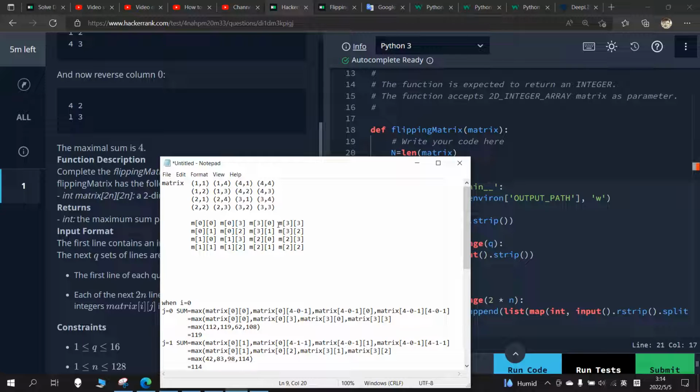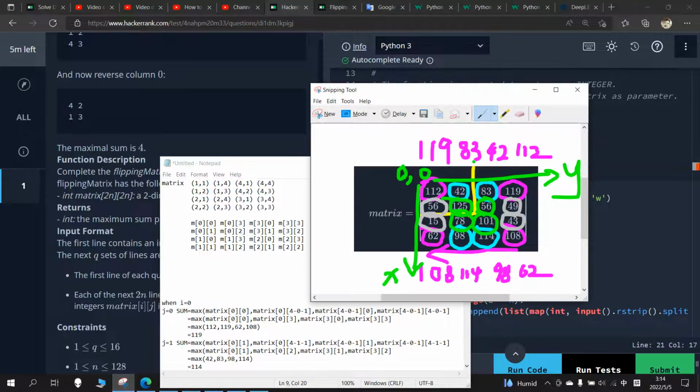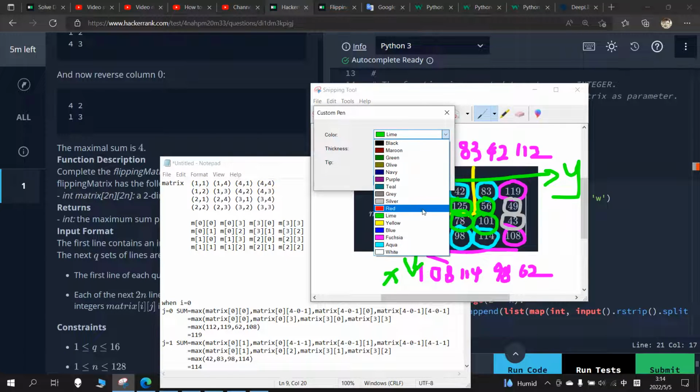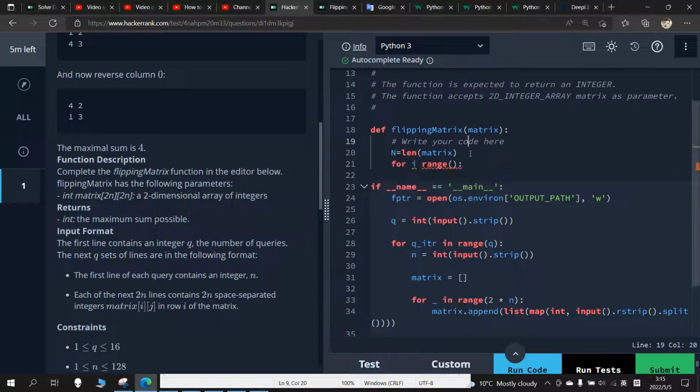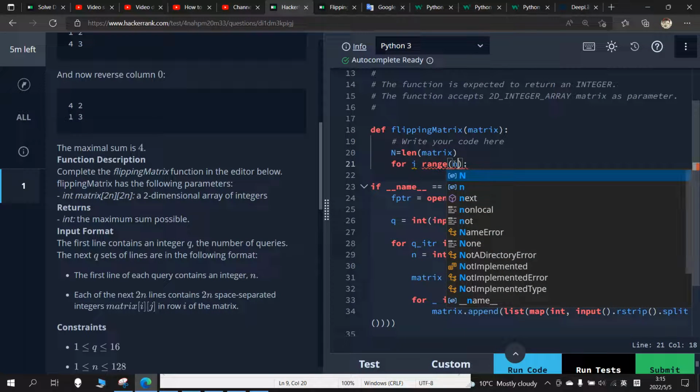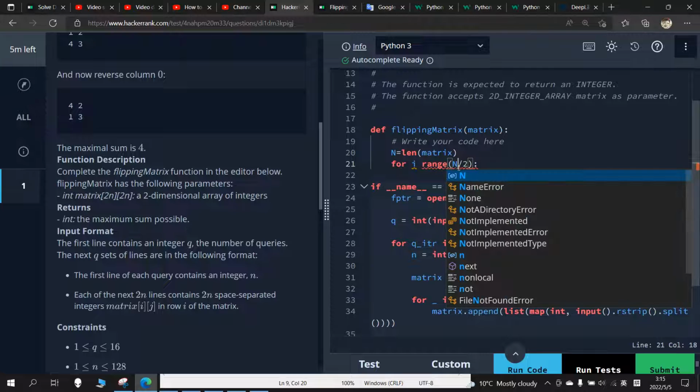It is 0, 1, 2, 3. Because we only discussed one part of the quadrant. We don't have to follow the entire matrix. We only need to discuss n times n instead of 2n times 2n. So here it would be n divided by 2. I got it.